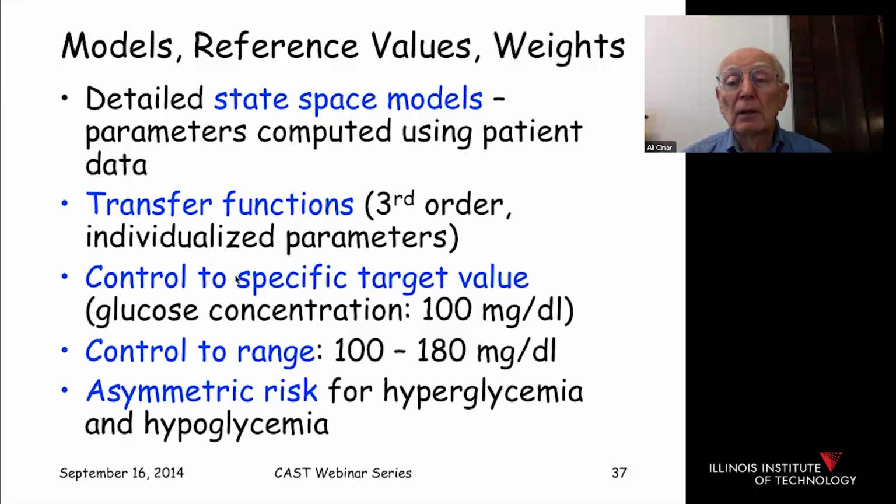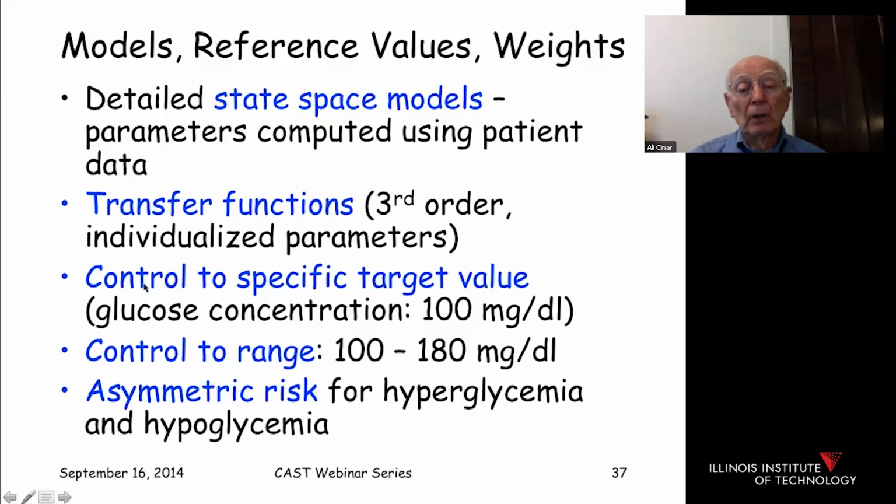But more recently, there have been research results reported by using simpler models, transfer functions that are third-order transfer functions generated from patient data with some individualized parameters, but many fewer parameters compared to the state-space model, to act as the model for the model predictive control or for the H-infinity type robust control system design.